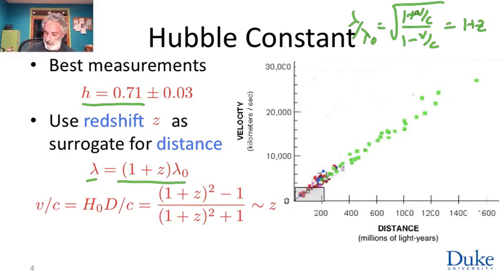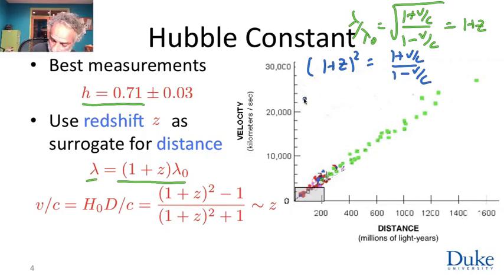And the first thing I do, of course, is I square both sides. And I write that (1 plus z) squared is equal to (1 plus v over c) over (1 minus v over c). Then I multiply both sides by (1 minus v over c), and I find (1 minus v over c) times (1 plus z) quantity squared is equal to 1 plus v over c.